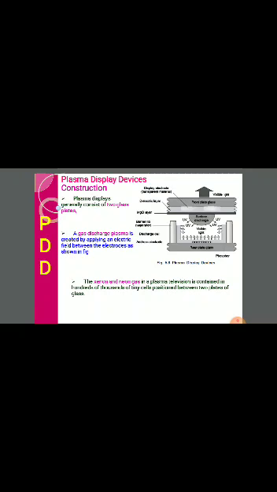Here we can see 2 electrodes. In between we introduce some gas like xenon and neon. If you apply some voltage, then discharge takes place, and hundreds of thousands of tiny cells are positioned between the 2 plates of glass. This will happen.